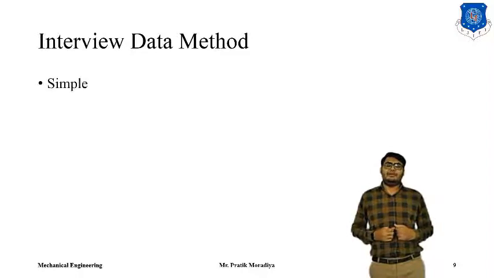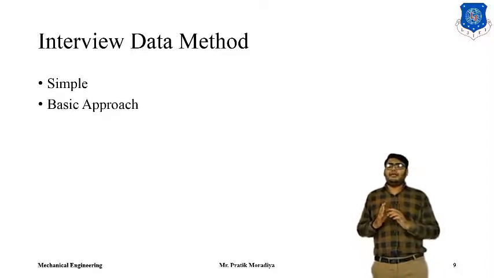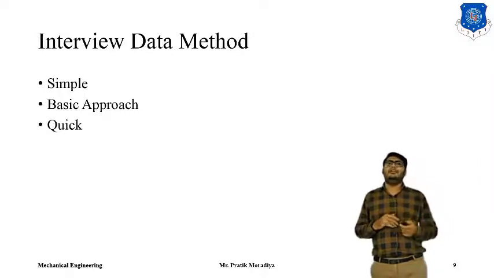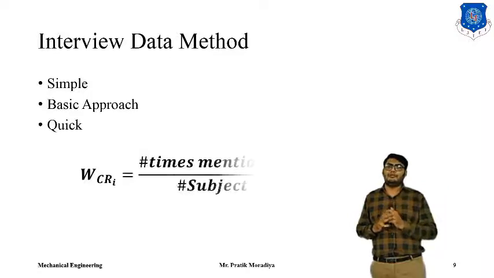In the interview data method, as it is very simple, what we do is a basic analysis of the data we have from the interview. It is a very basic approach and it is quick also.